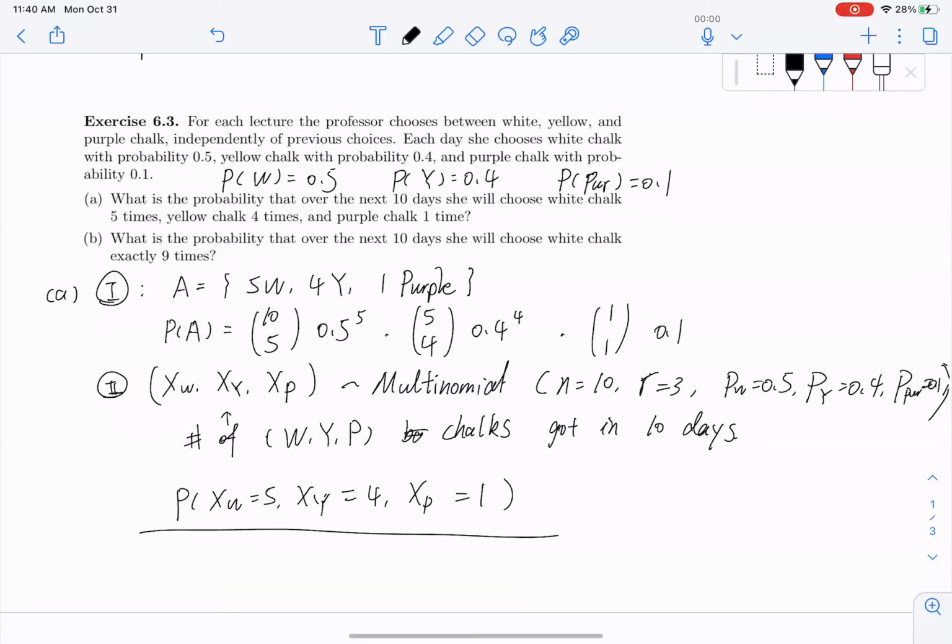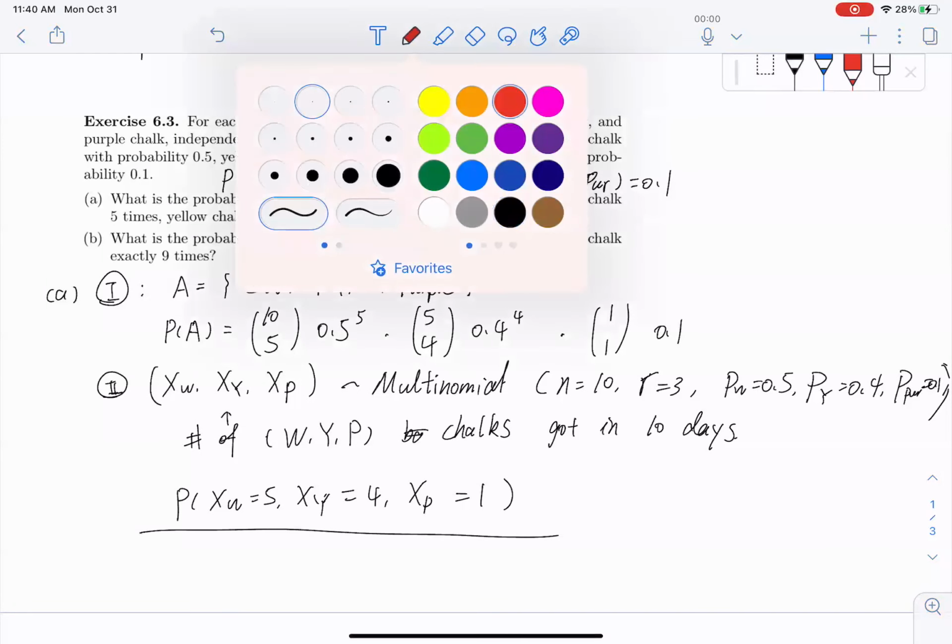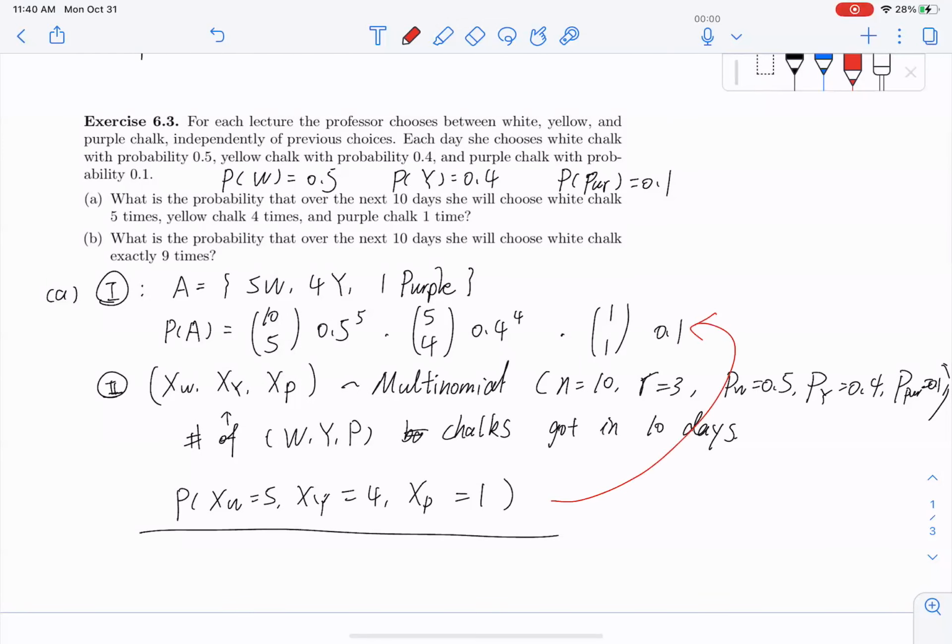So if you check the multinomial distribution, it will exactly give you the same thing as above. Actually, I think it gives you something like 10 factorial over 5 factorial, 4 factorial, 1 factorial and some probabilities, but they're still just the same. If you simplify this equation a little bit, you will exactly get this formula.